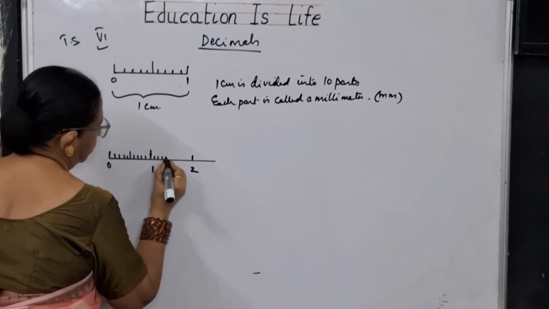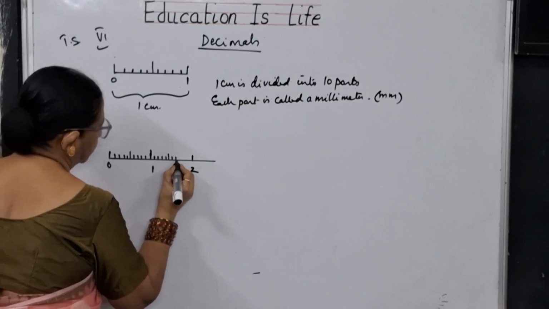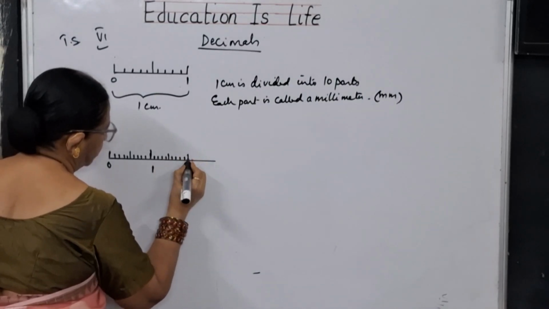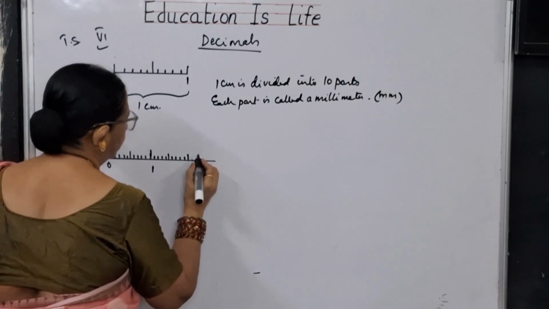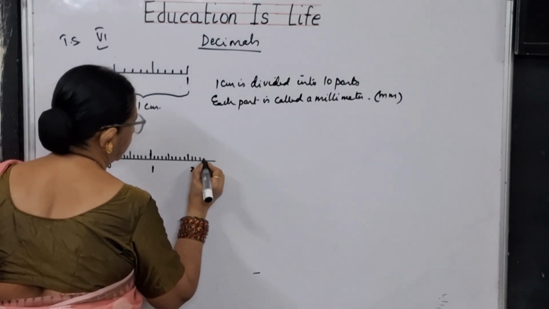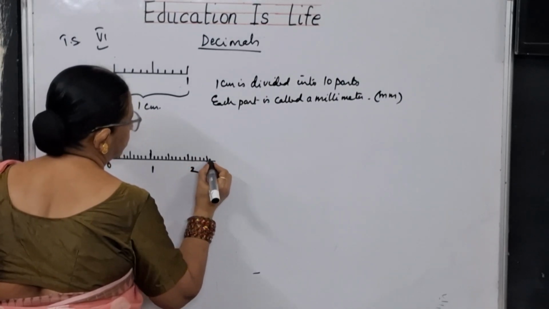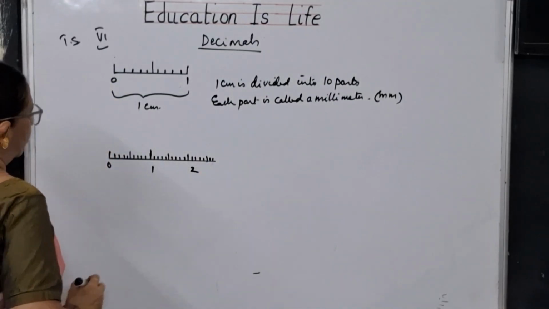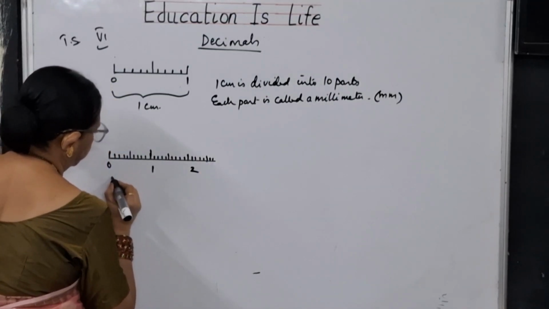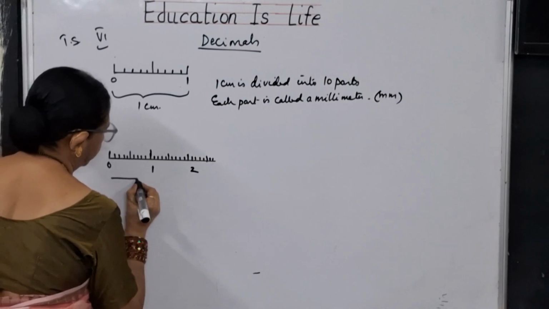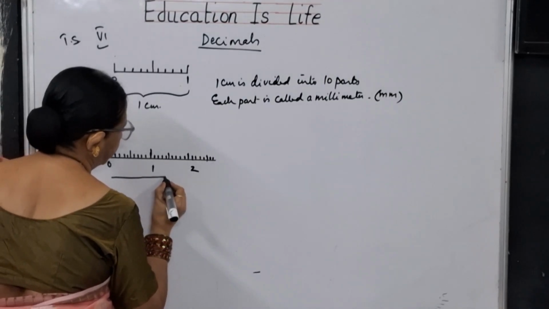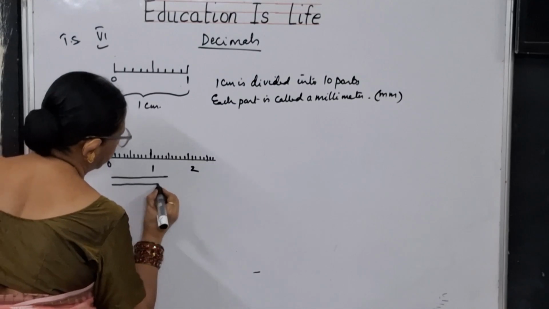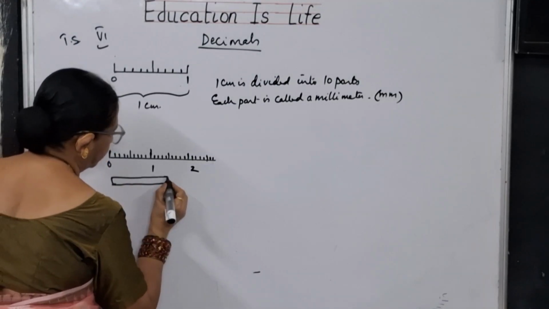Then 1, 2, 3, 4, 5, 6, 7, it goes on like this. Suppose I have taken a pencil and it is measuring like this.